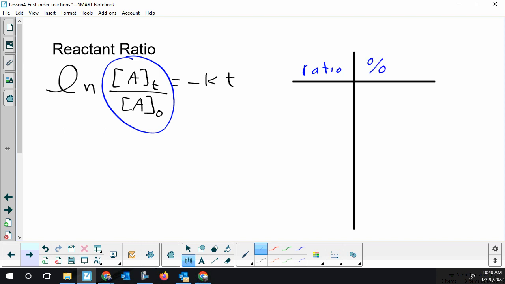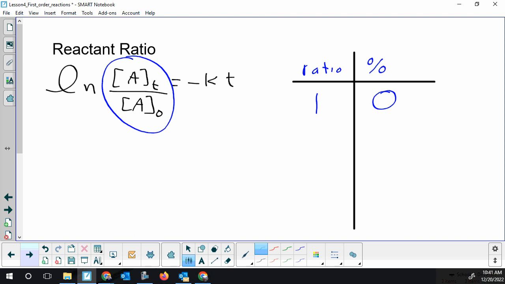We're going to look at that ratio versus percent of reaction. I just wrote percent in my little table, not percent of reaction. And I already mentioned at the very beginning, when you haven't used up any A chemical yet, this ratio is 1. If you started at 0.25 moles per liter, you still have 0.25 moles per liter. You have 0% reaction.